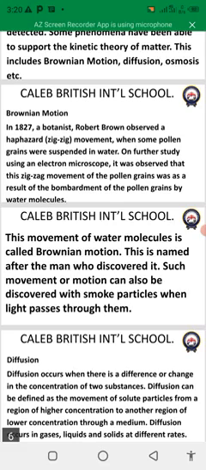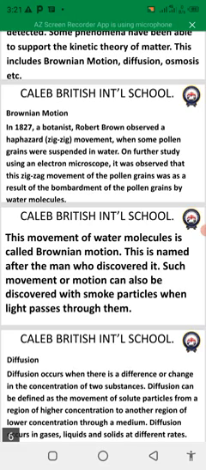Brownian motion. In 1827, a botanist, Robert Brown, observed a haphazard, that is the zigzag movement, when some pollen grains were suspended in water.